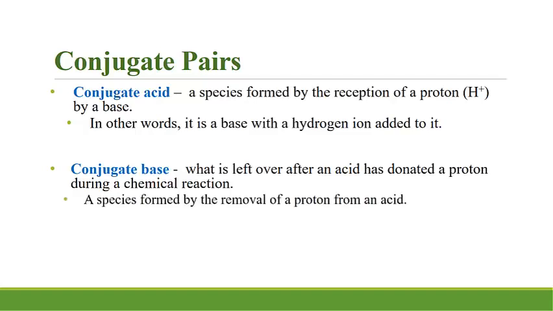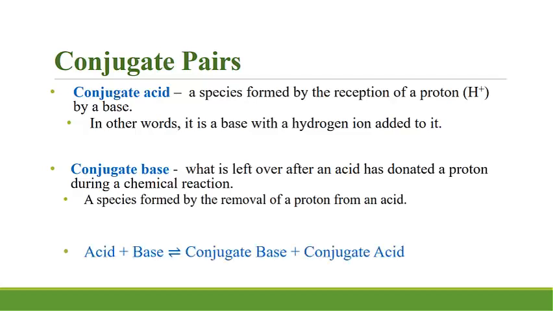So it's a species that's formed by the removal of a proton from an acid. So an acid plus a base will give you a conjugate base and a conjugate acid.